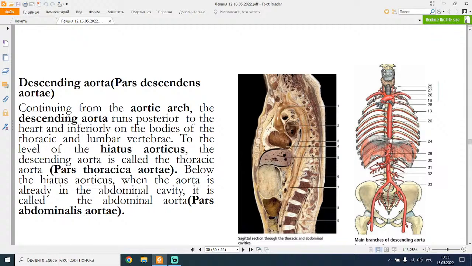The descending aorta is called the thoracic aorta, pars thoracica aortae. Below the hiatus aorticus, when the aorta is already in the abdominal cavity, it is called the abdominal aorta, pars abdominalis aortae. What you see: pars thoracica aortae, pars abdominalis aortae. Together, pars descendens aortae.